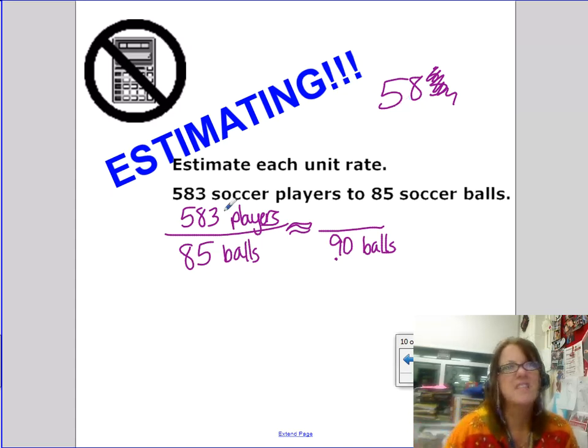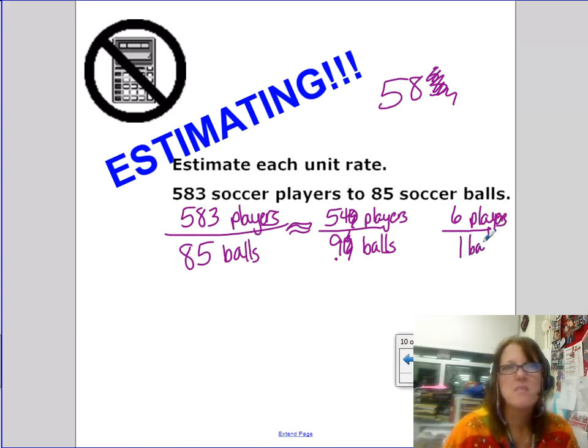This is kind of close to a multiple of 54. If I rounded this down to about 540, that might be fairly close, because then I'd divide by 10, and this is like a 6 to 1 ratio, and that's pretty close.